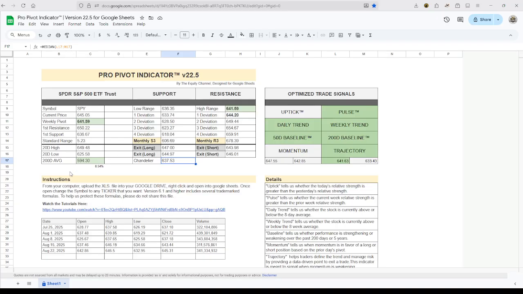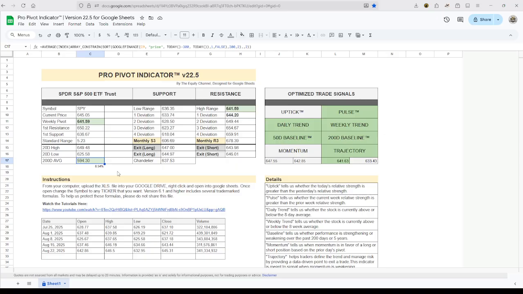The last thing we pay attention to on this end is the 200-day average. Now, this is a very important level that we have here on this pivot profile. It's not just because it's a 200-day average, because we use this very specific trading strategy known as index tracking.